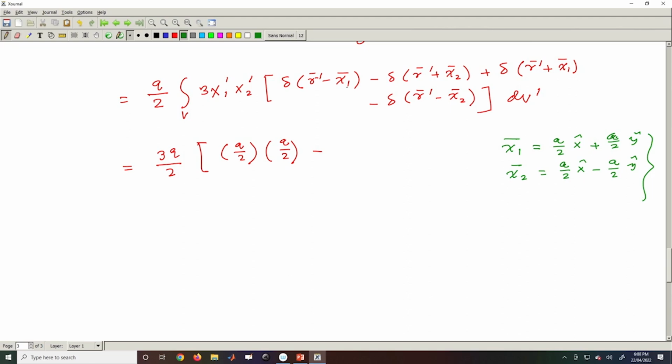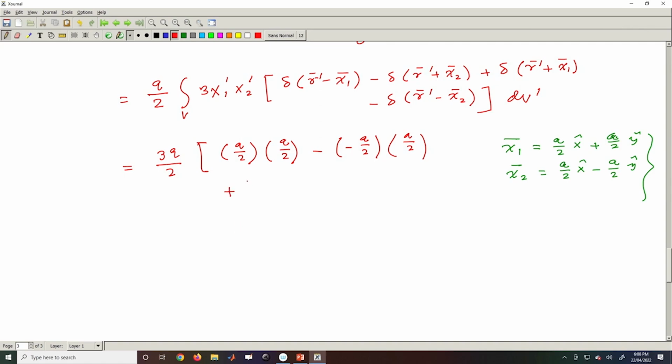So for chi1 I have x value a by 2, y value a by 2, I put it. For minus of chi2 I should have the x value as minus of a by 2 and the y value is plus of a by 2 because it is minus chi2, and then I have plus minus of chi1.